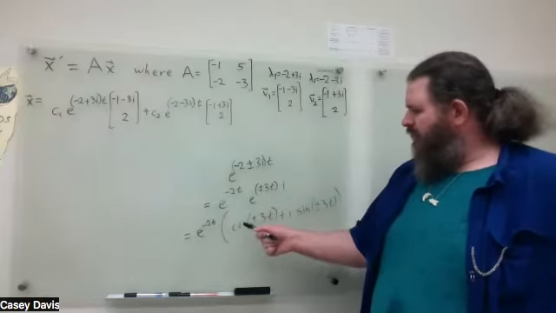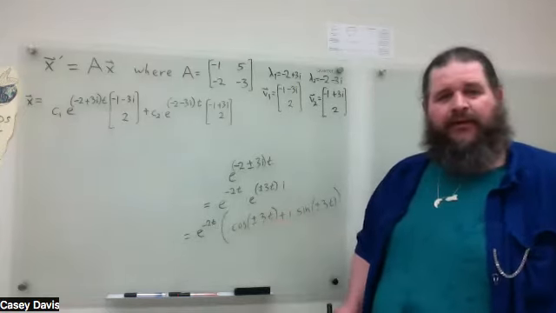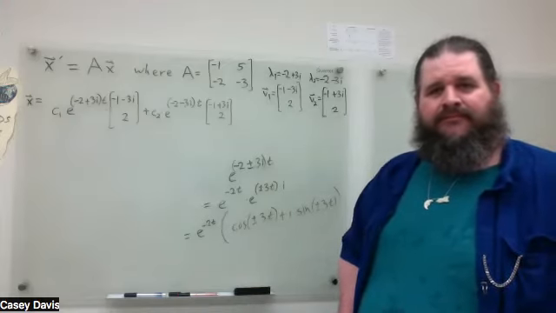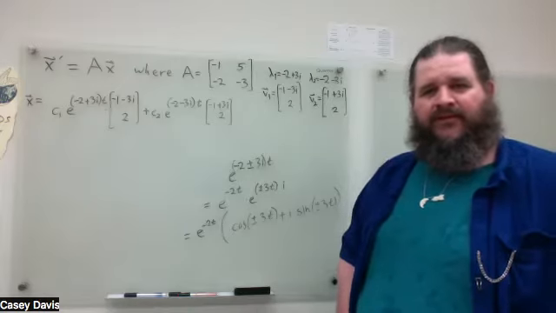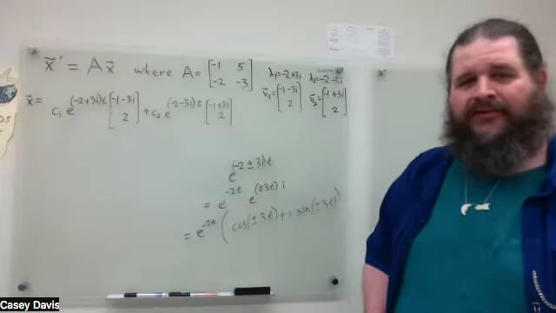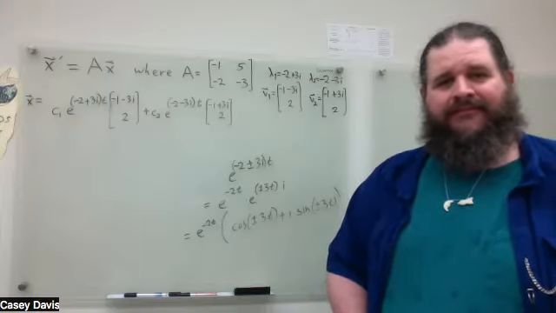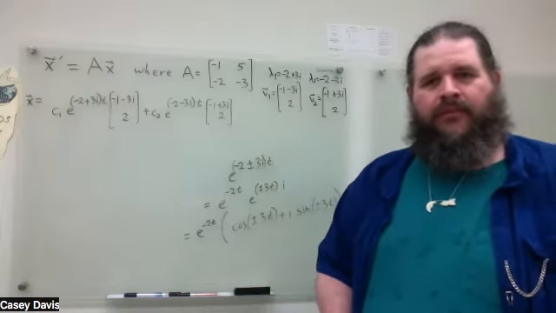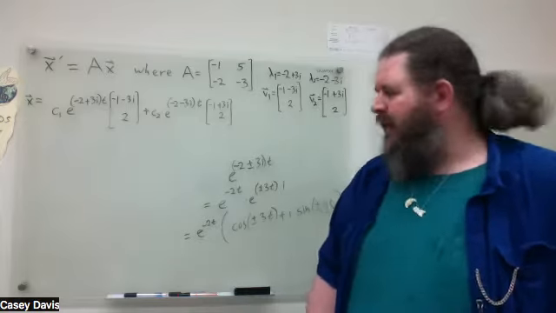And what happens if you take the cosine of positive 3t or negative 3t? If you take cosine of a value and then take cosine of its opposite, what do you expect? Yeah, it should be the same.